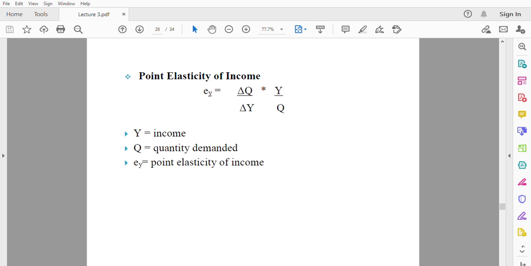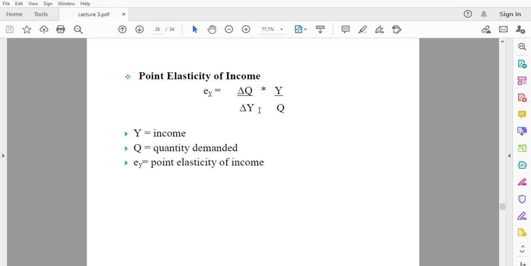Alright, so let's look at how to calculate income elasticity of demand. The secret about elasticity is that you have to know the nature of the formula. The formula is always the same, like this. If it is price elasticity of demand, this becomes P. If it is cross elasticity of demand, if this is QX, this becomes PY.